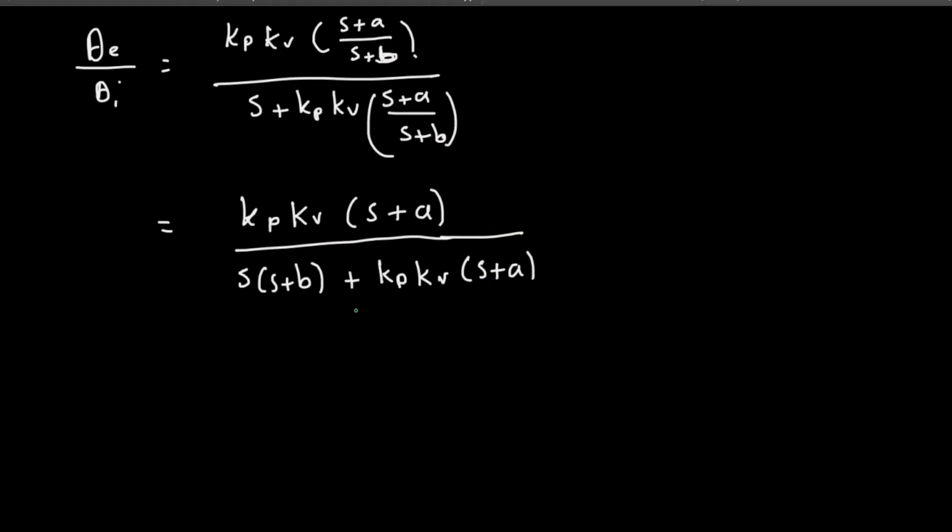Okay, so this is what we have right now, and here we can do another thing to simplify this furthermore. We can take the Kp Kv common.